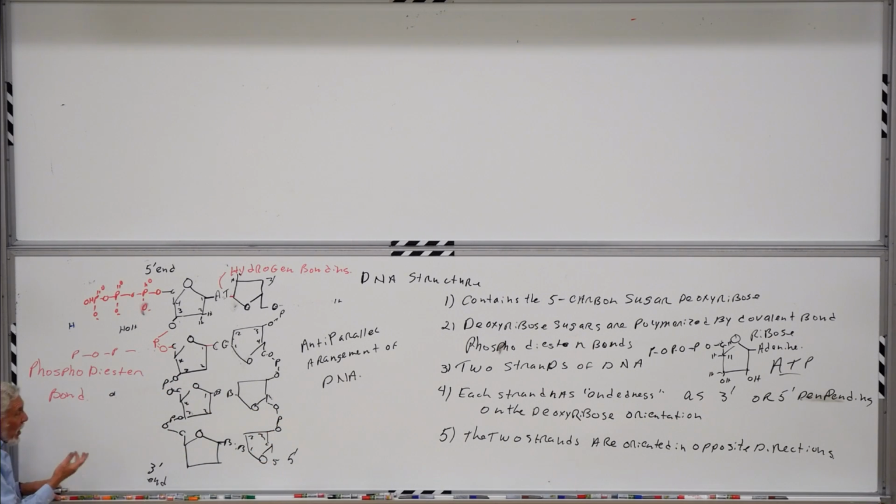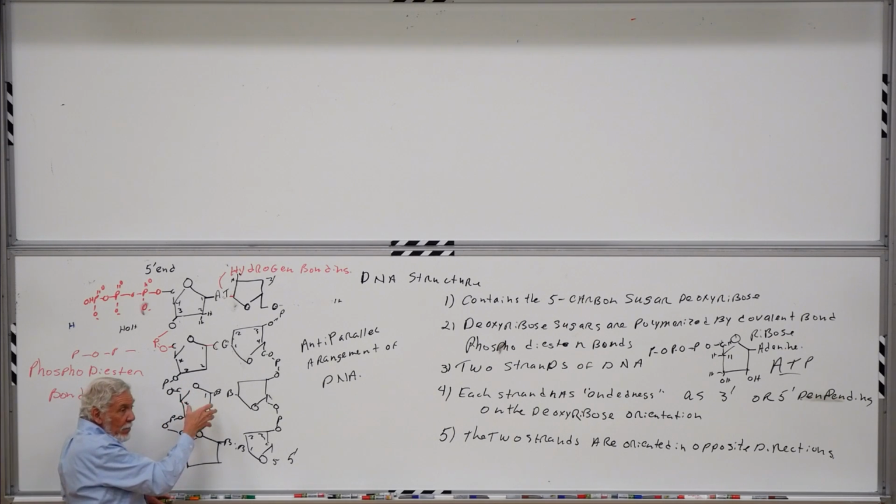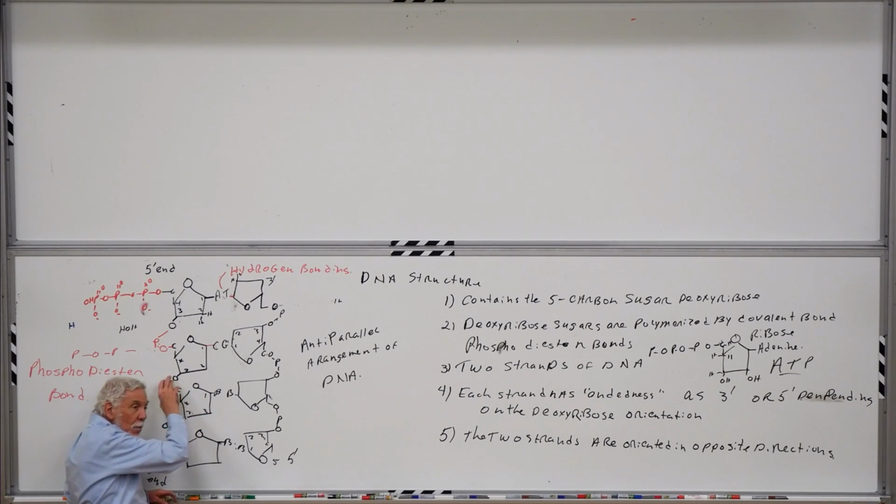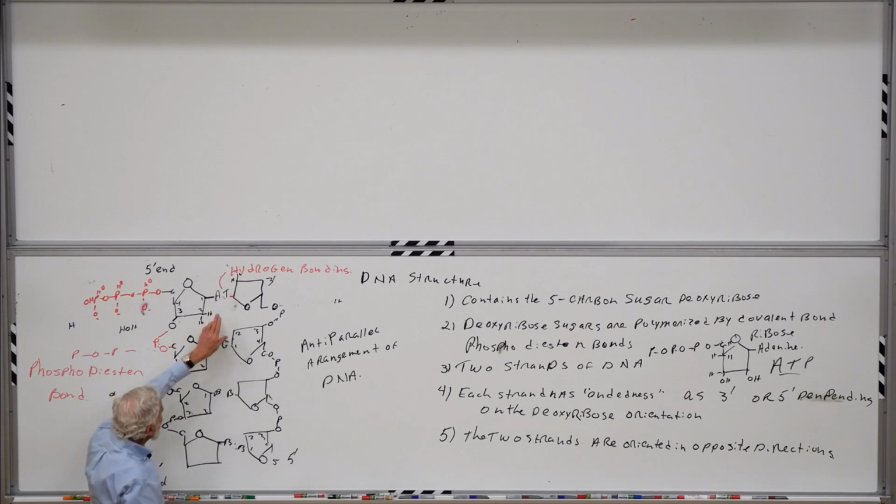In the early 50s, when they were trying to sort out the molecule, all they knew was that Chargaff had isolated DNA and broken it down into its component parts. Chargaff had shown that there were equal amounts of adenine and thymine and equal amounts of cytosine and guanine, suggesting that those two must bind together.